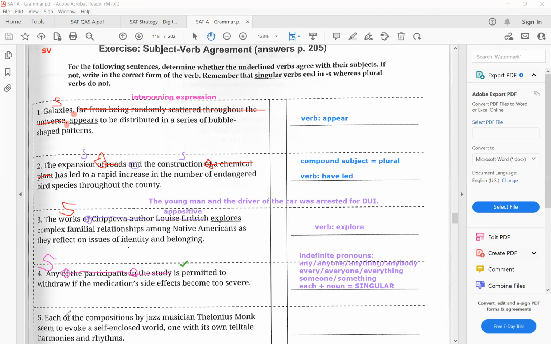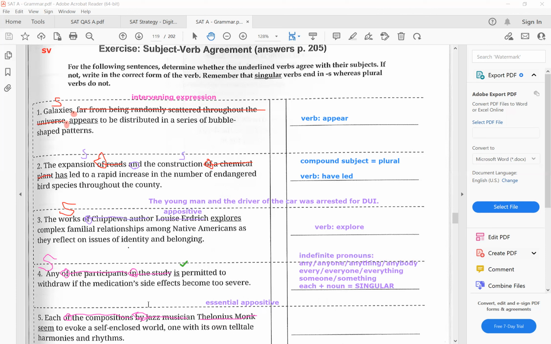Same thing, cross out your prepositional phrase of the compositions. Cross out by jazz musicians. And do you see how this is the same as our number 3? Thelonious Monk is a noun talking about another noun, jazz musician. So that is our appositive, and that's why I can cross it out.